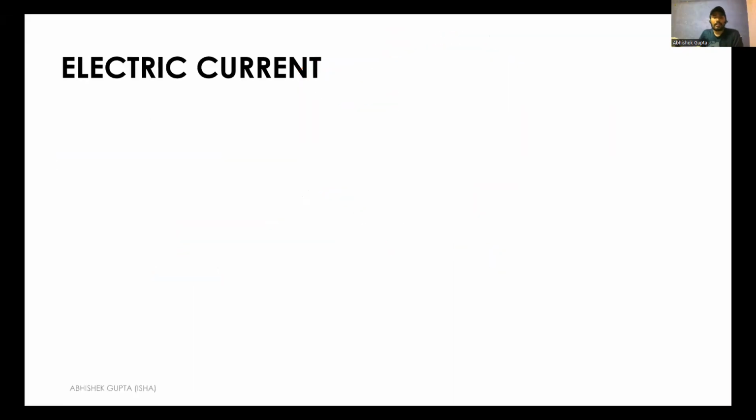Electric current. In order to understand the word electric current, first thing that we need to understand is current का मतलब क्या होता है. Current means flow, flow of anything. Current means धारा, हिंदी में बोलते हैं धारा. If water flows we say water current, if air flows we say air current.